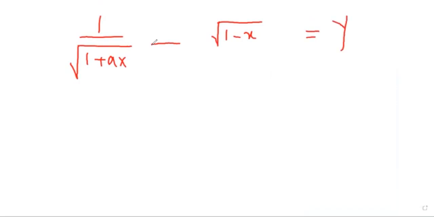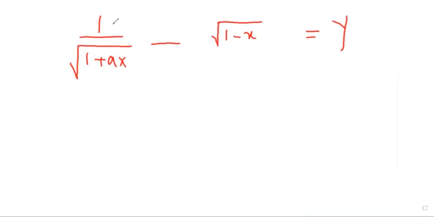So one of the given questions is something like 1 over square root of 1 plus ax minus square root of 1 minus x. Let's assume that this whole thing is equal to y for our understanding.